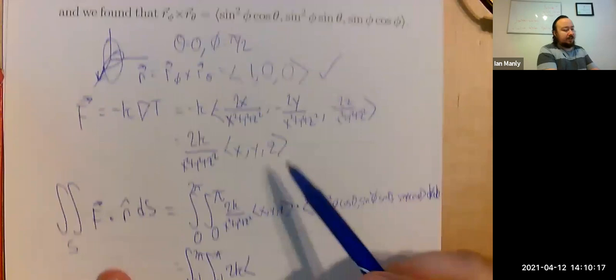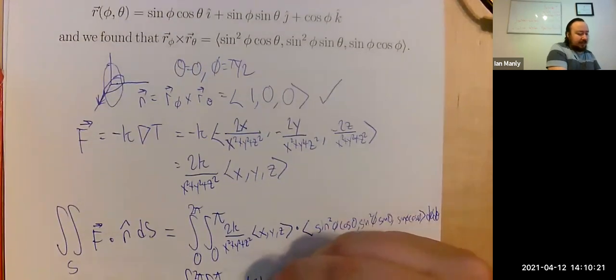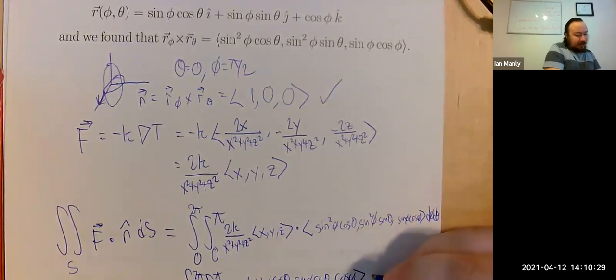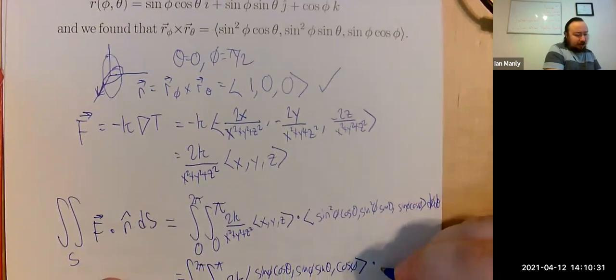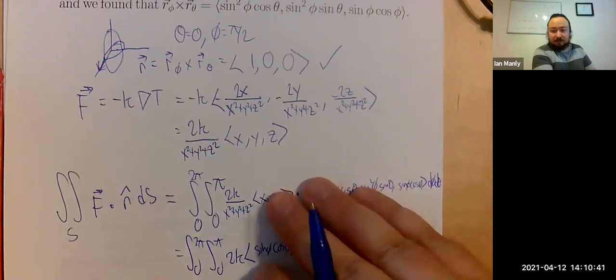And then x, y, and z, we actually have parameterizations for those: sine of phi cosine of theta, sine of phi sine of theta, and then cosine of phi. And then I'm going to do dot, and then I'm just going to write r phi cross r theta so we don't have to write the thing again.